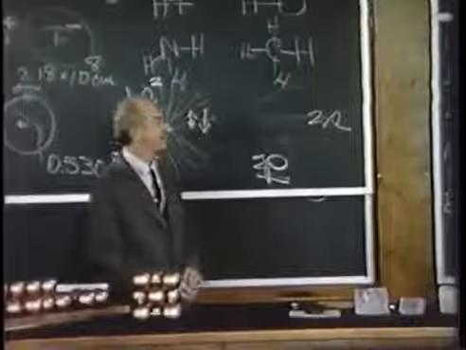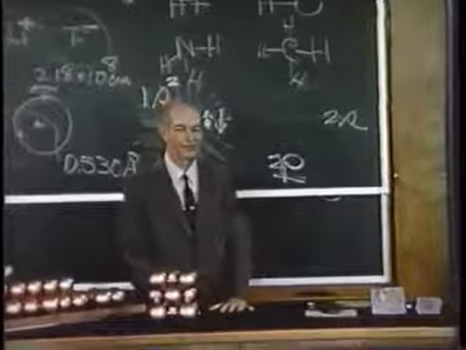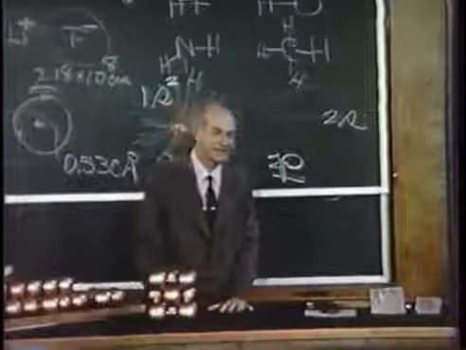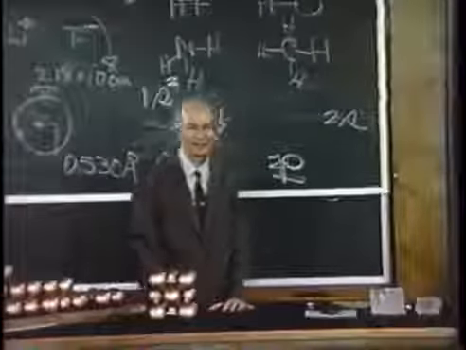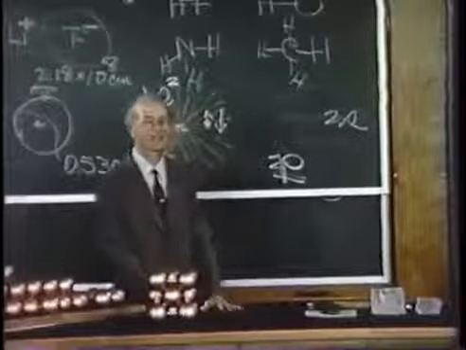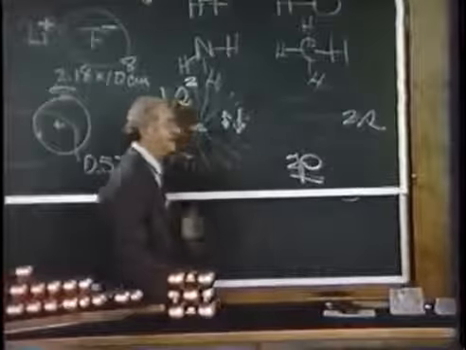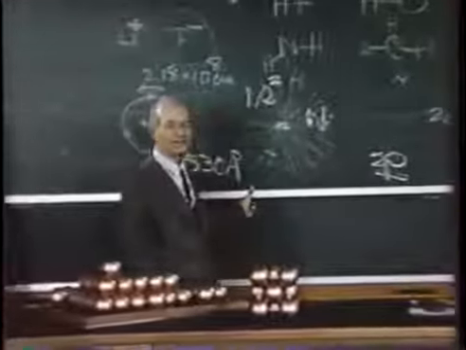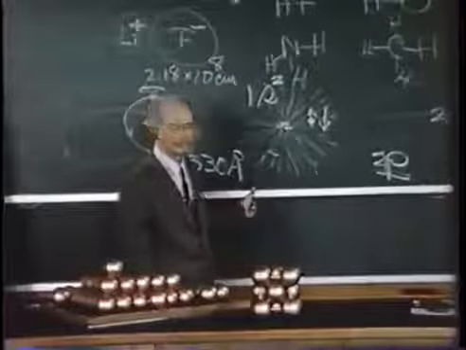I have some drawings that I made, in fact, 24 years ago when I was going to give a lecture in Santa Barbara, some drawings that show how the electrons are distributed in the various ions.